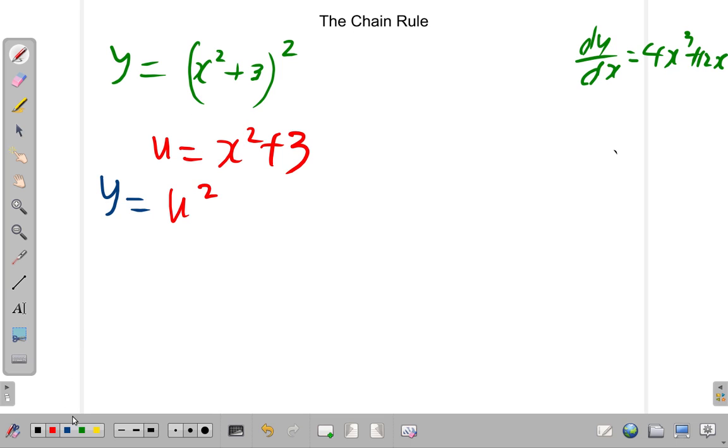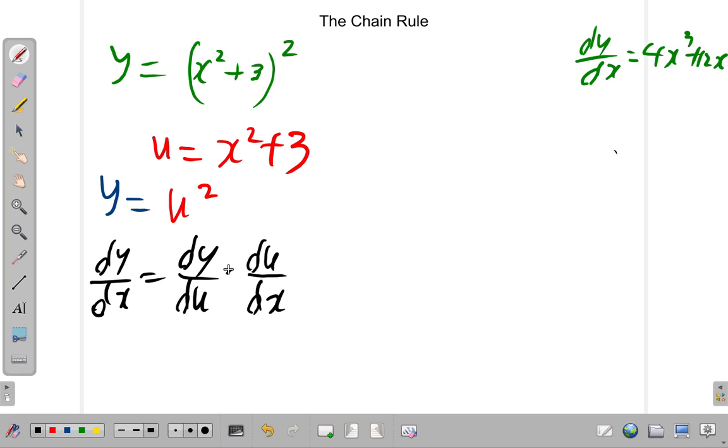Now, what we say here is that dy by dx is equal to dy by du times du by dx. I put the dot here. Sometimes that's used as multiplied by. So sometimes instead of the multiplication sign, the dot is used. Now, this is dy by du.